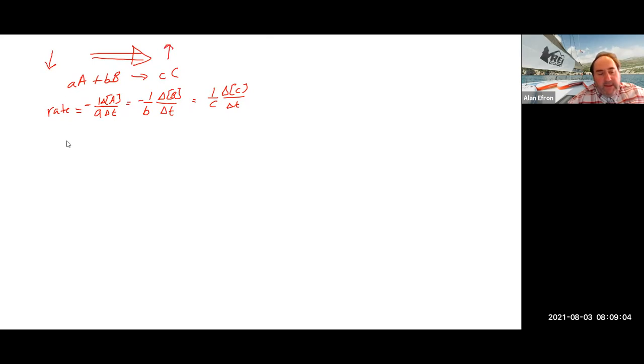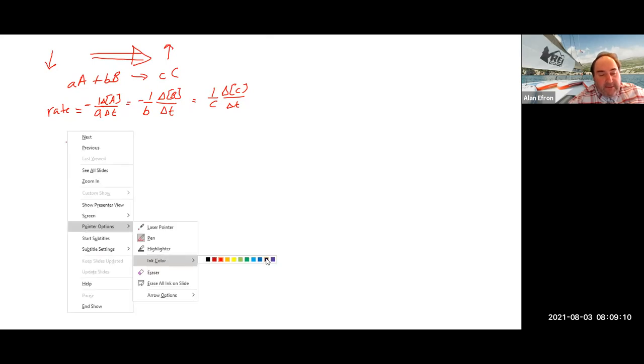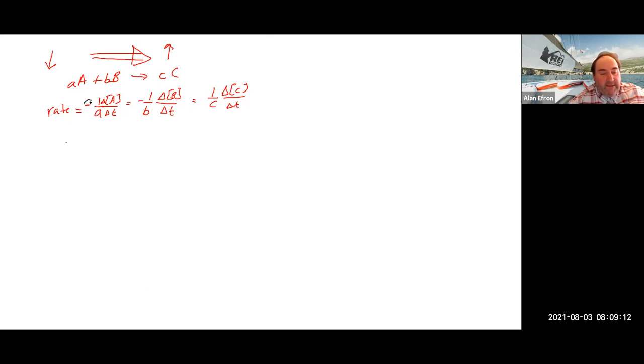And that's what these negatives are here for in these expressions. These negatives indicate a decrease in concentration over time of our reactants. That's why we see it with our reactants, but not with our products over on this side, because the products are increasing with time. So we do get a positive.